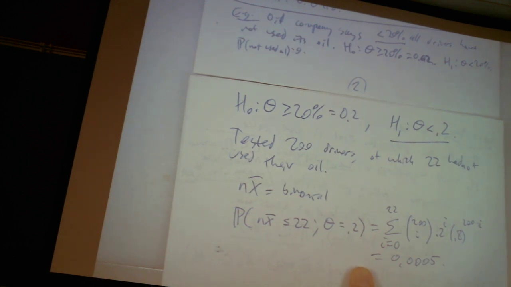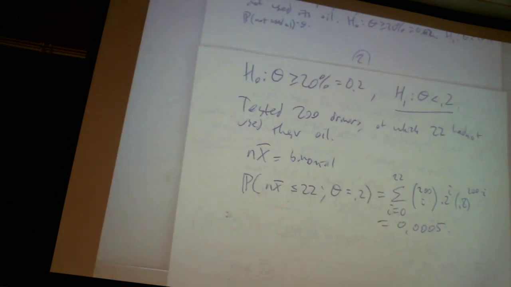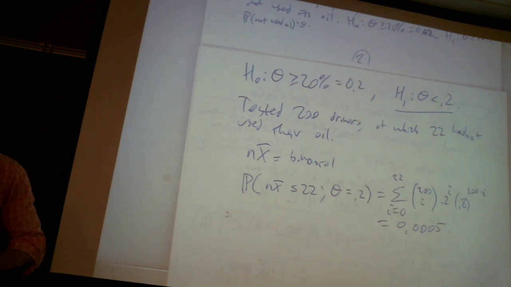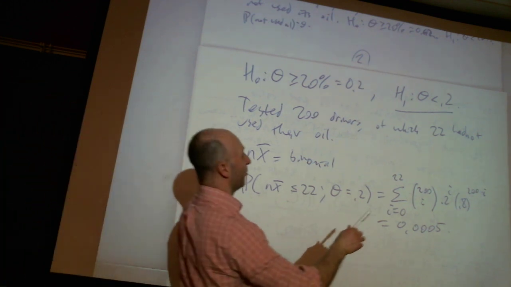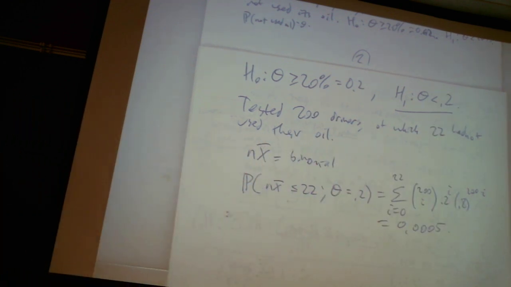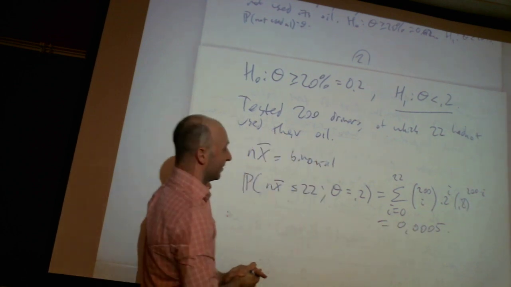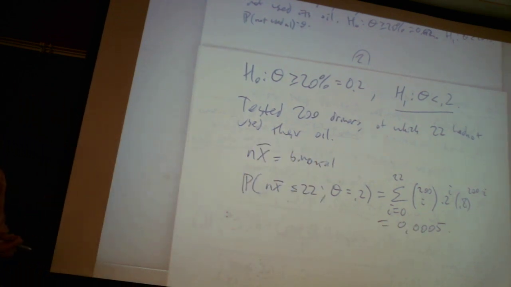Okay? So do I double that to get my p-value? No, because it's a one-sided inequality. I'm only interested in a one-sided inequality, so that is the true p-value. So that really suggests rejection. 200 is a lot of people to test.